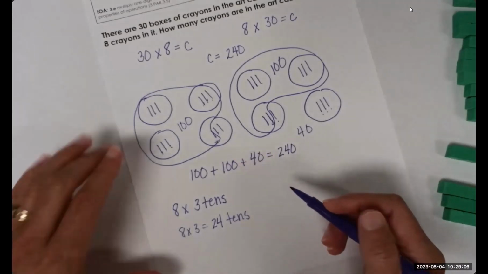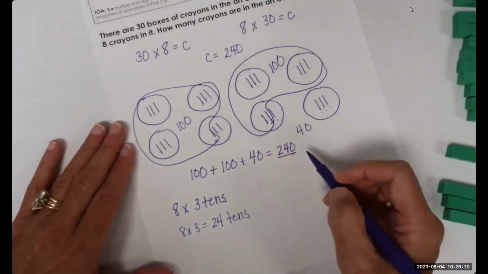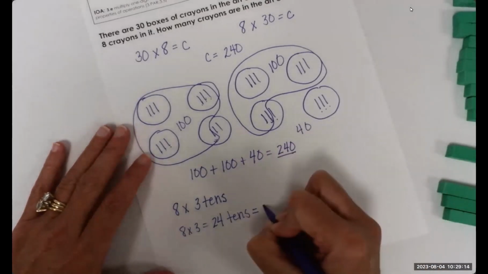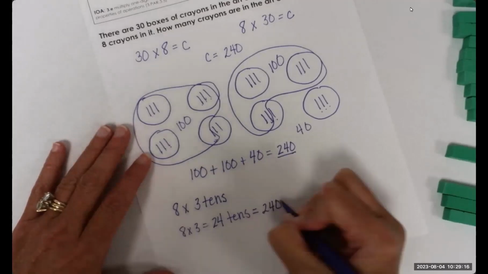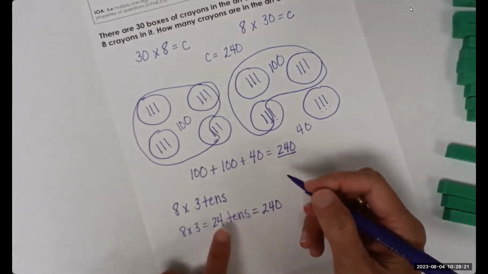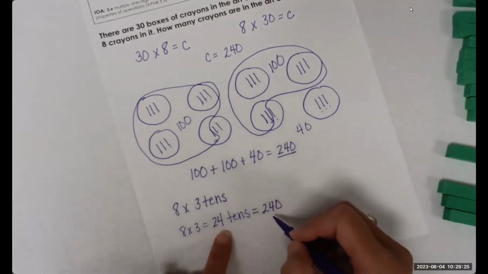So let's go back to this, and I'm just going to refer to our answer up here, okay? The answer is 240. I can also write that right here for you. The answer is 240 and not just 24, okay? That is because 240 is 10 times greater than 24.